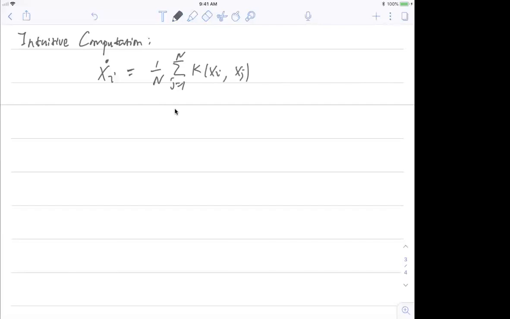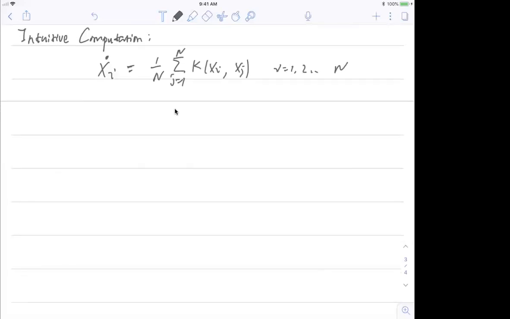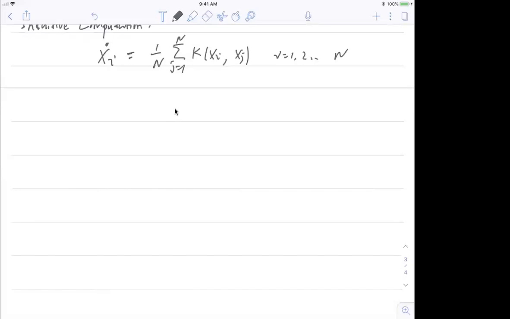Here, this is the same equation, but I just change x_i to z_i, with i equals 1 to N. So let's say we have two trajectories. The first trajectory is just x_1 to x_N.